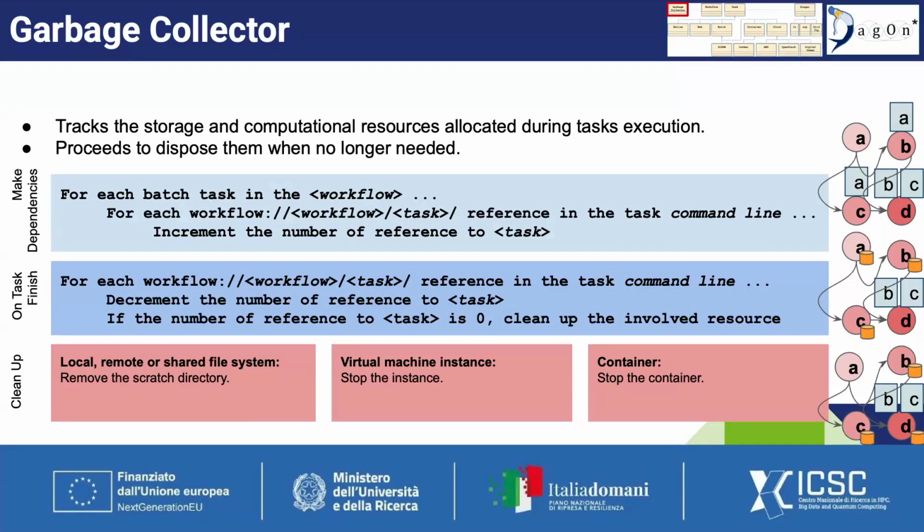And the idea is each time a reference to a file moved from one task to another task is used, we have a counter that increments the reference. Each time a task ends the usage of this file, this reference is reduced. When the reference is 0, the scratch directory is actually removed.